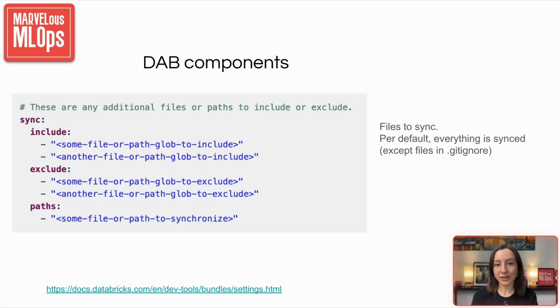And exclude explicitly excludes files or paths from being synced, especially useful for sensitive or irrelevant files. Paths define custom paths that should be synchronized, which gives you precise control over what is deployed. So use this when you want to avoid uploading things like large files or notebooks under development or any secrets.